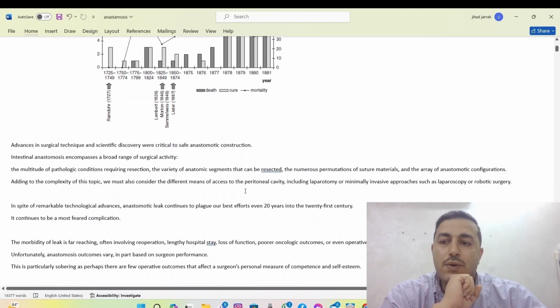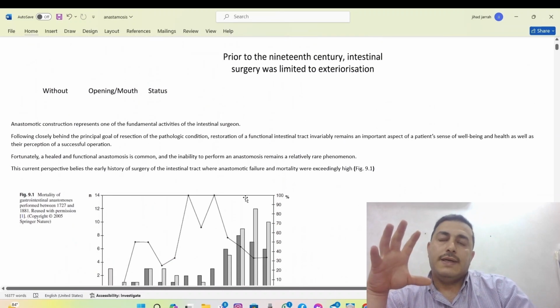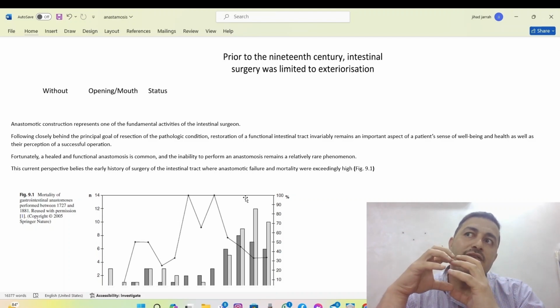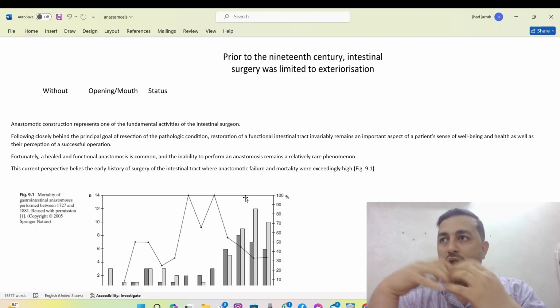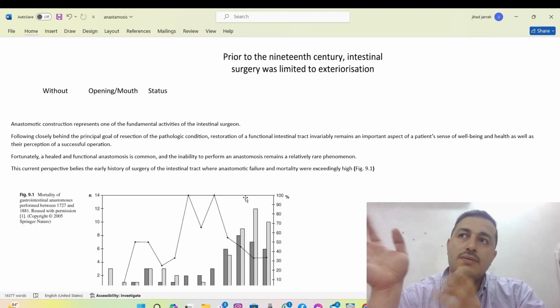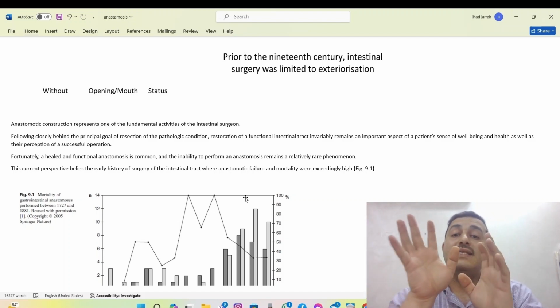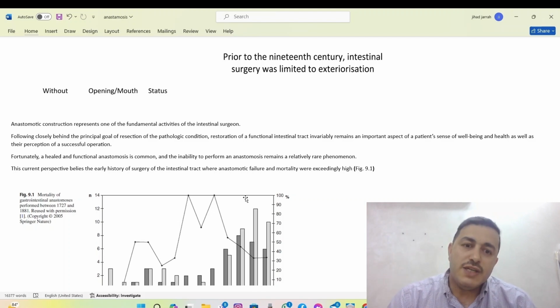Also, what I want to say at the beginning: anastomosis usually is the final step of intestinal surgery. For example, we remove a segment of diseased bowel, whatever it is, cancer, diverticulosis, bleeding, etc. So anastomosis is the final step, but the patient and the doctor understand a successful surgery as a well-constructed anastomosis.